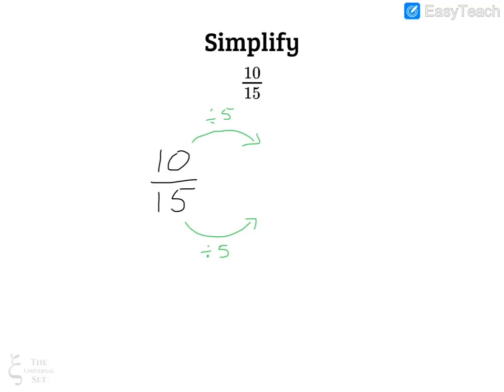So let's have a look. 10 divided by 5, well, that's 2, isn't it? 2 5's make 10. And 15 divided by 5, 5, 10, 15, so that was 3. So my answer is 2/3. 10/15ths is equal to 2/3, and this is the simplest version. That's simplified.